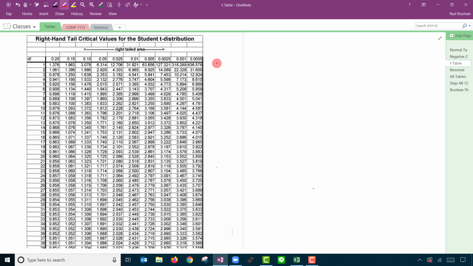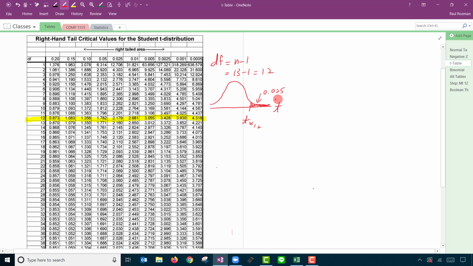In our problem, we have degrees of freedom of n minus 1. So we had 13 minus 1, so we're going to be in row 12. The area in the right tail, the t alpha over 2 on the right side, we're looking for an area of 0.025, which is this column of the table. No surprise here, the number is pretty close to 2.